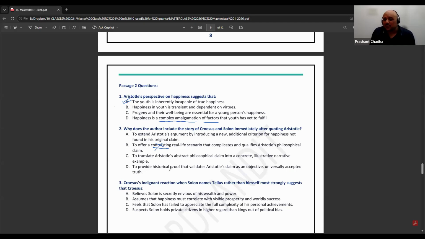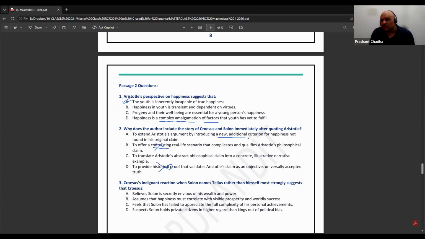Is it historical proof? Are we searching for proofs in this case? We are not searching for any proof, right? There is no proof. So it has to be A or C. To extend Aristotle's argument by introducing a new additional criteria. Is this introducing a new additional criteria, or is it just building on what was already said?